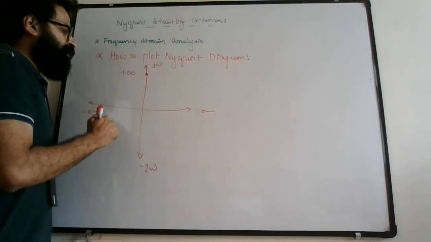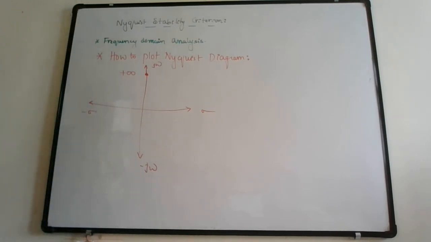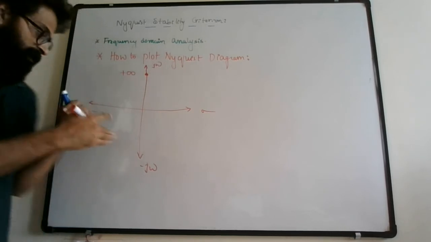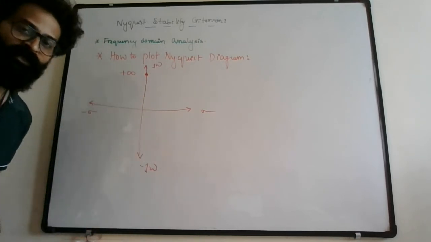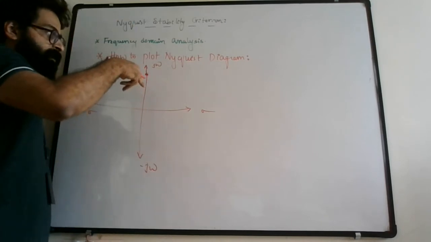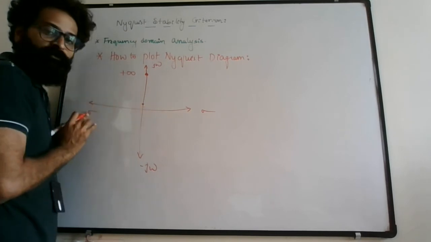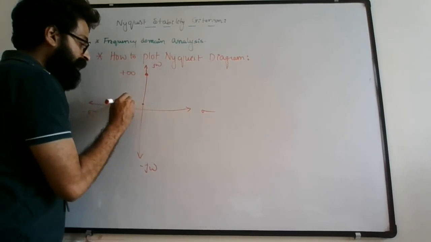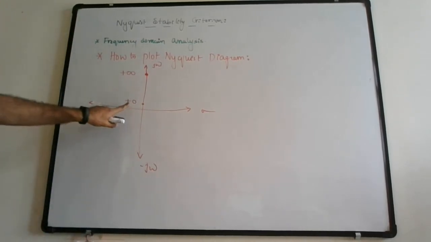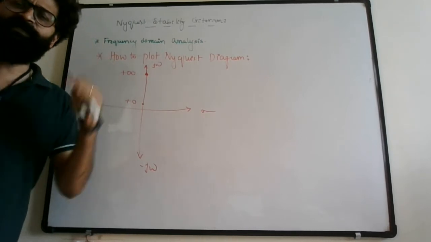Zero is actually the origin, and I have to differentiate the frequency which is taking place in the downward direction. So I will consider, along the positive imaginary axis, a point very close to 0, and name that point plus 0. Plus 0 simply refers to the frequency being in an increasing trend.